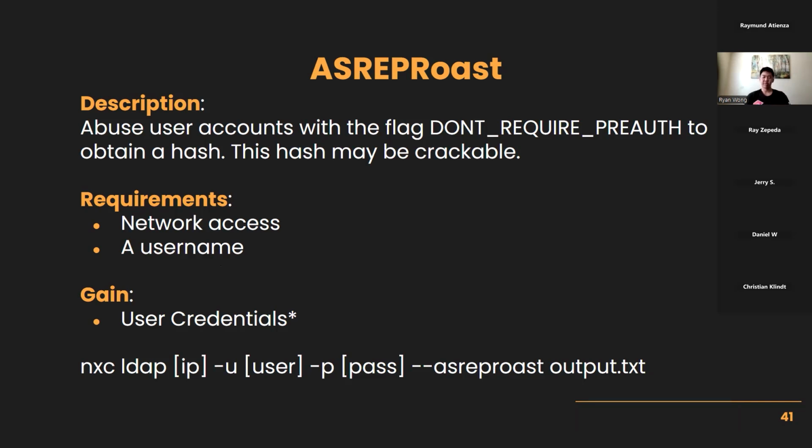I'll get into that a bit later. Essentially, you're going to gain user credentials when you perform AS-REP roasting. A netexec command you can use would be asreproast and then output.txt. You don't need a password per se, but it is nice to have it.